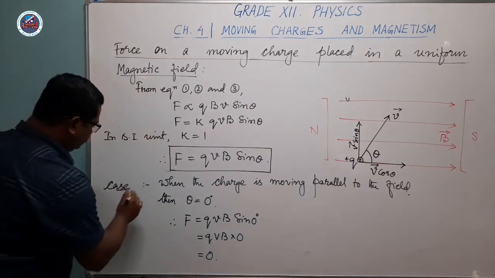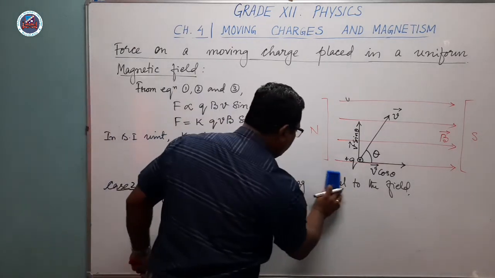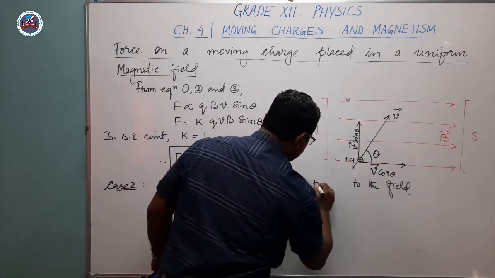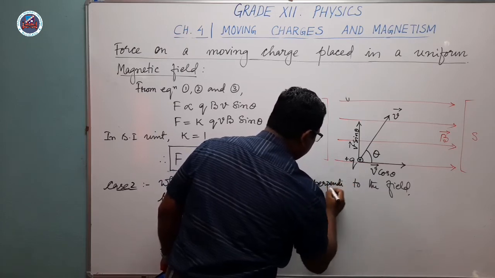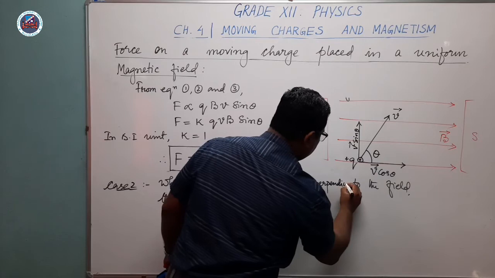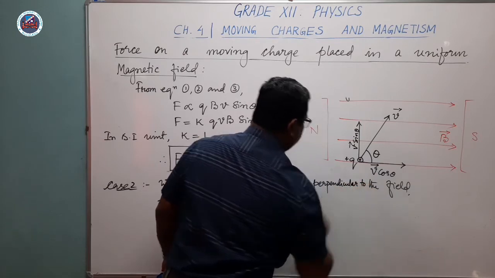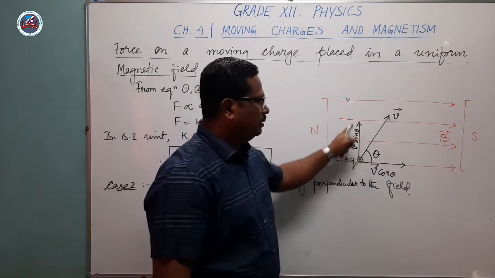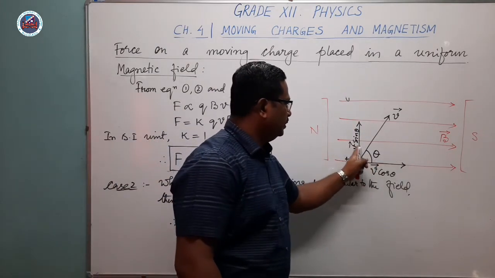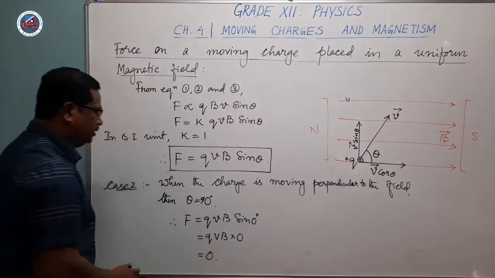Case 2, when the charge is moving perpendicular to the field, if the velocity vector is perpendicular to the field, then this angle theta will become 90 degree.